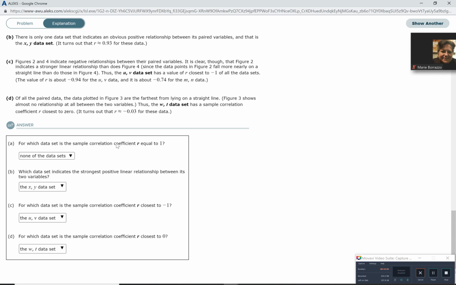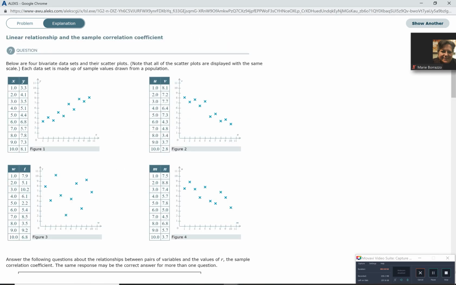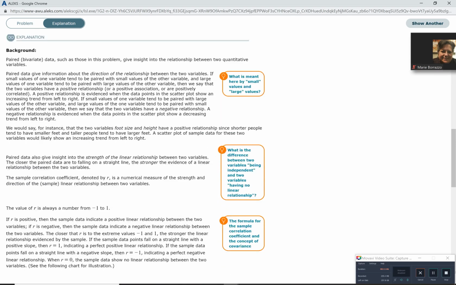So notice here they're asking you which one has a correlation coefficient R equal to 1. That's a perfect association. And this will be none of them. None of them are perfect. Which data set indicates the strongest positive linear relationship? We only had the one, which is this one right here, which is the first one, which is XY. That's the only positive one we have, so we would answer XY for that.